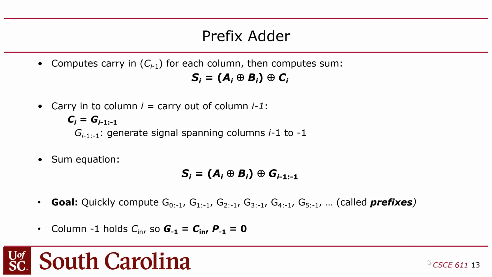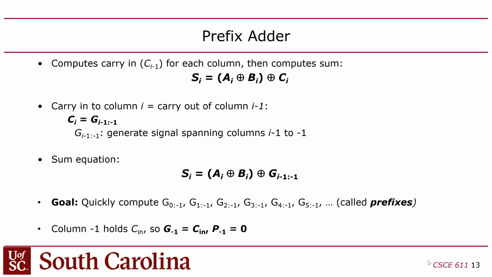Let me back up a minute. The goal here is to calculate CI, which is going to be the generate I minus 1 down to negative 1. Now you say, where's negative 1 coming from? Well, negative 1 is the original carry-in. It's the column that represents what comes to the right of all the columns in the adder. So that's what we want to get, but we have to build this up.